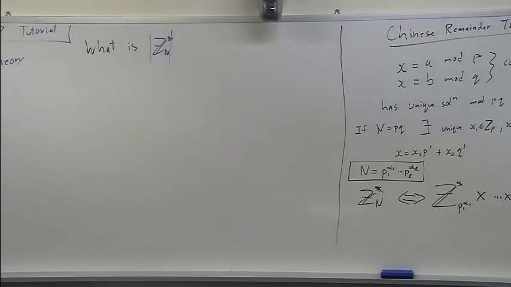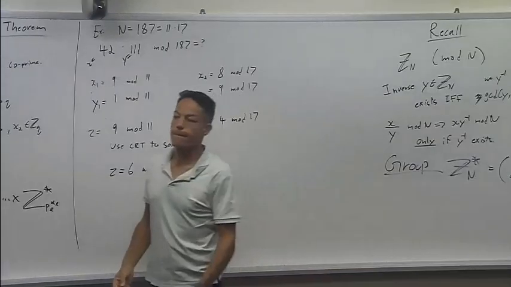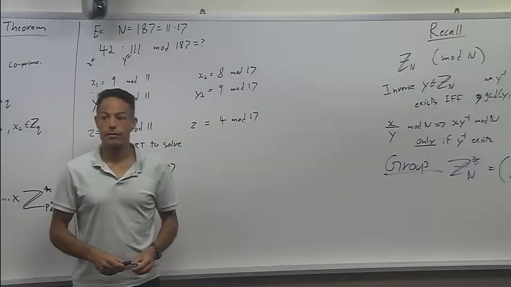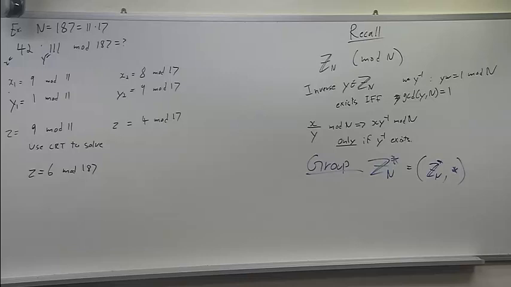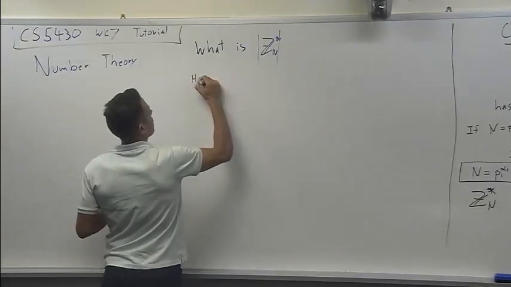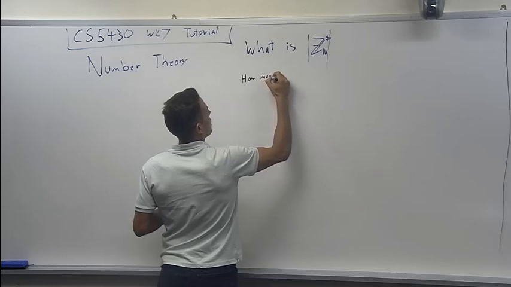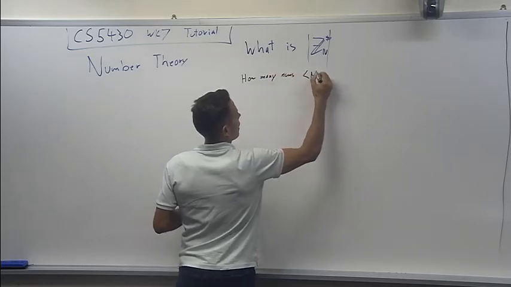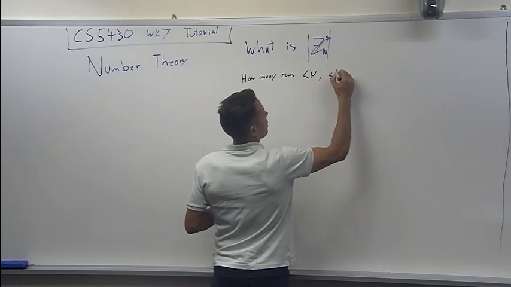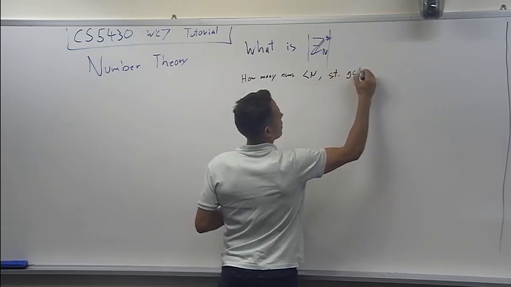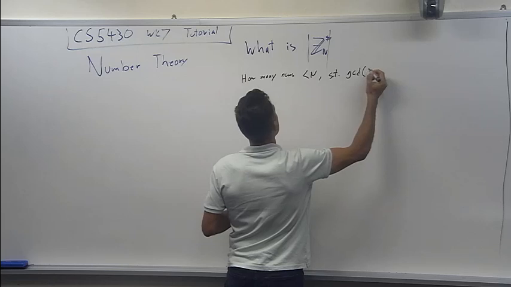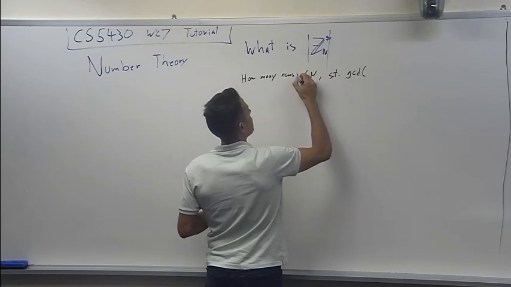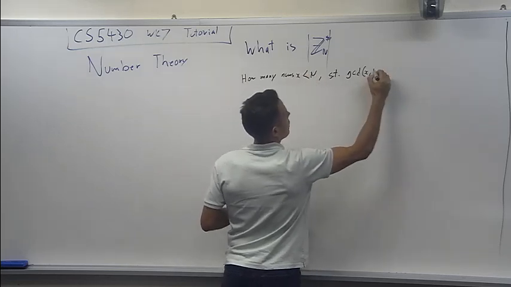What are the elements in Zn star? What's the requirement here? All numbers co-prime with n. Yes. So, really, less than n, so we call this x, n.